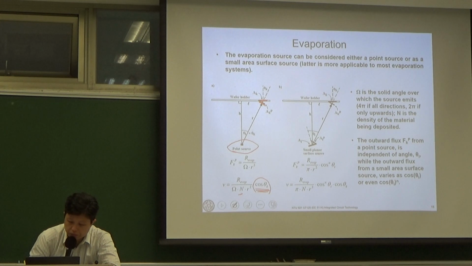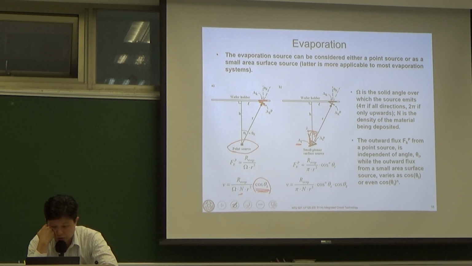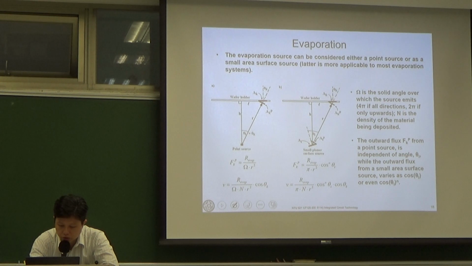We call this small planar surface A I. Right now the theta I is between a certain direction and your wafer, again with your wafer placed at this K position with theta K angle. So if you try to calculate this F K, you have to add a term, cosine theta I with this n here, to account for going in this direction.